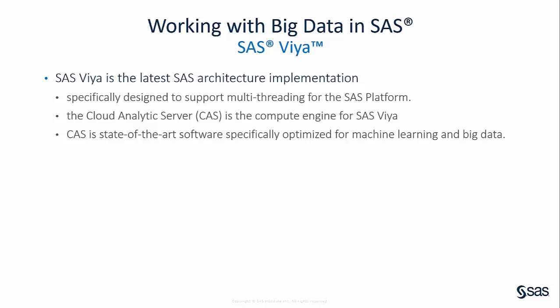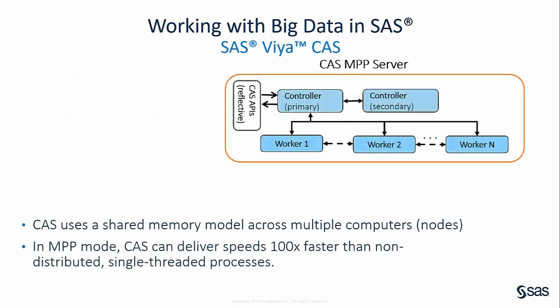And SAS is specifically designed to do machine learning and to manipulate big data. And hey, that's what we're all about. So what does it look like? SAS uses a shared memory model across a whole mess of computer nodes, which basically makes it so that if you have 10 computers with 100 gigs of RAM, then you have 1,000 gigs of RAM contiguous, is what it appears to be in SAS.